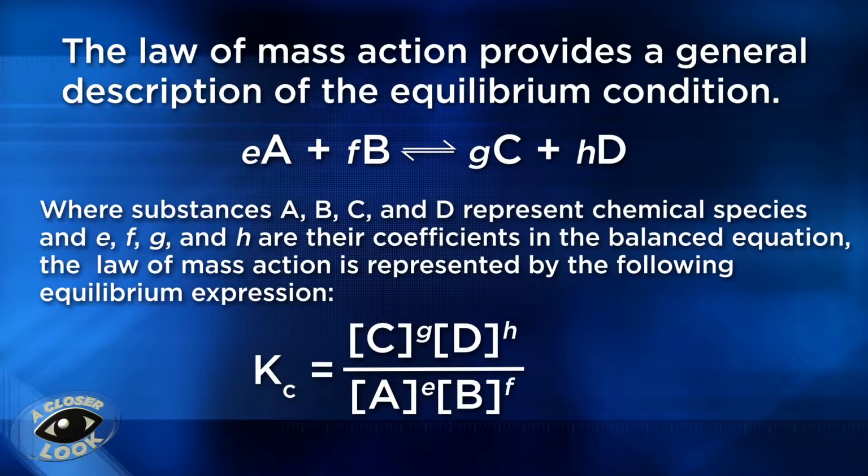K sub C is known as the equilibrium constant, and it is found by taking the product of the equilibrium concentrations of the products raised to their coefficients over the product of the equilibrium concentrations of the reactants raised to their coefficients.